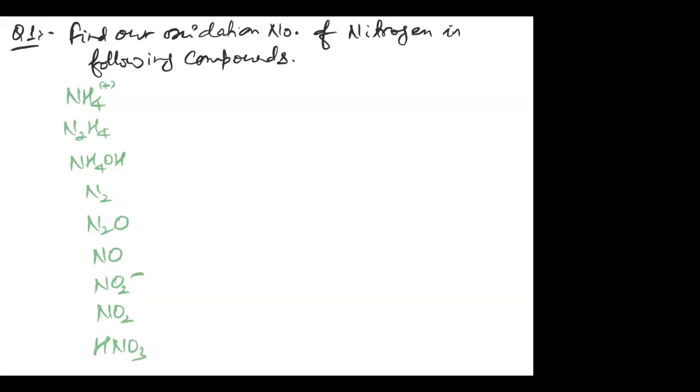You can apply any logic here. Yes, in first one, if you have to do calculation from scratch only, you can imagine nitrogen is going to be X, hydrogen is going to be +1. So it is X plus 4 times of +1 should be resultant charge as +1, and thus X value should be -3.